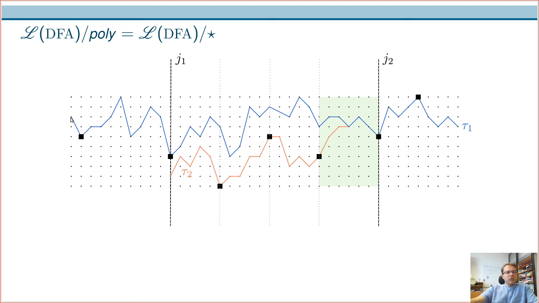Again, it's a technicality that we can assume that the advice tape is real time, so it's moved in every step, so the automaton at the beginning is in some state and then moves here and here and here. And sometimes, as indicated by these squares, the automaton also moves the input head. Everything is one way. So these squares are called active points, and the active points in this band are those that also move the input head.